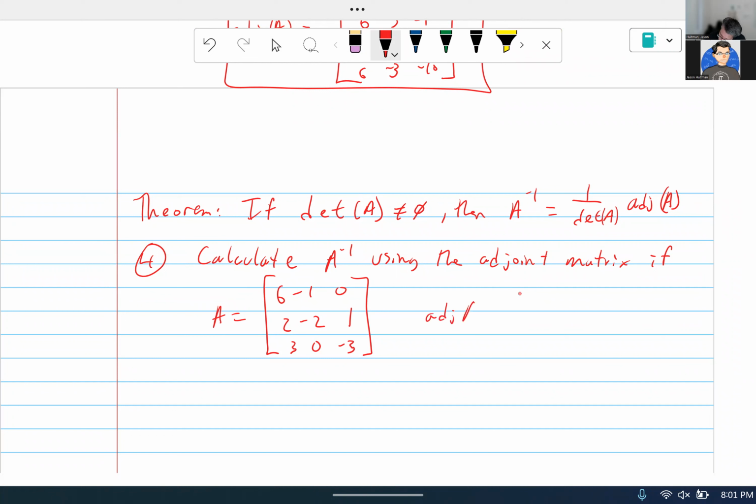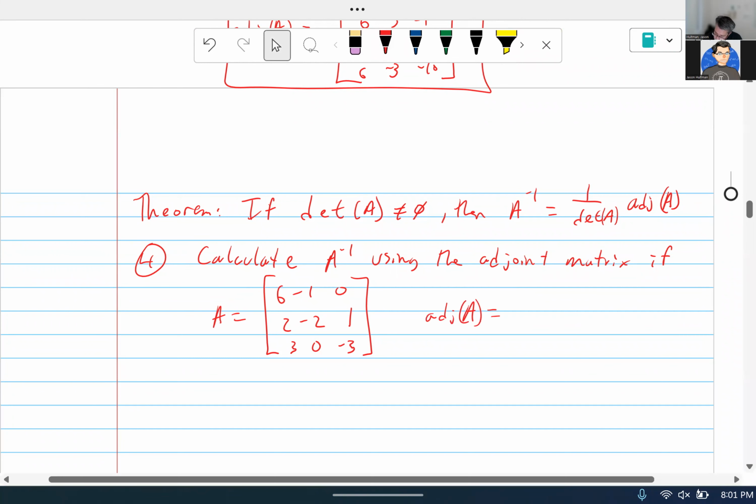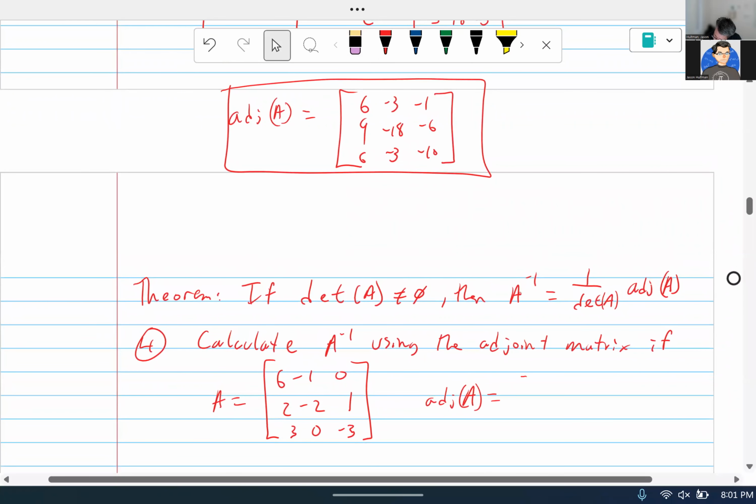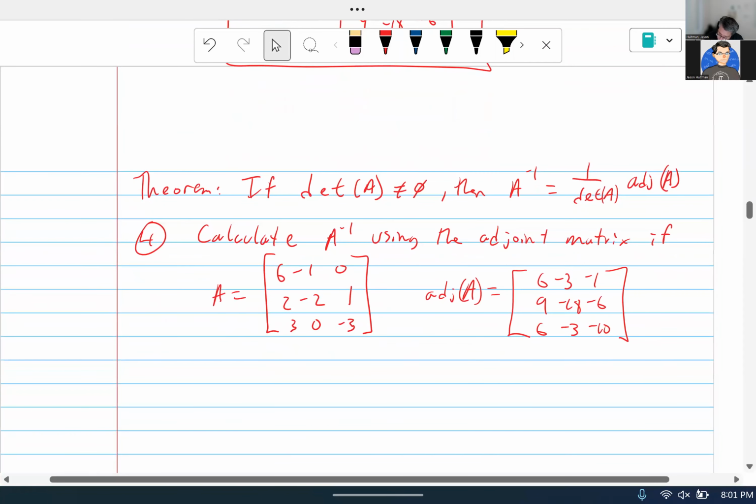The adjoint of A is we have it just above us here: 6, -3, -1, 9, -18, -6, 6, -3, and -10. So that's the adjoint. All I have to do is calculate the determinant of this.